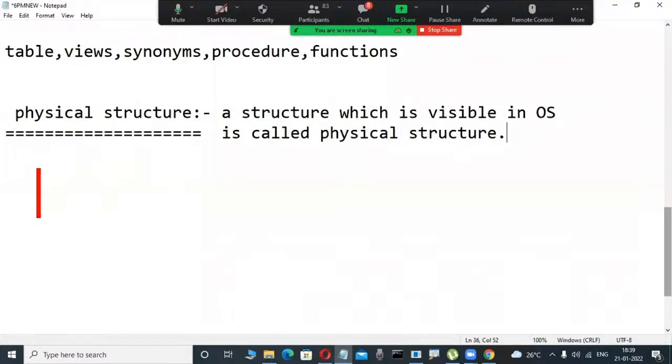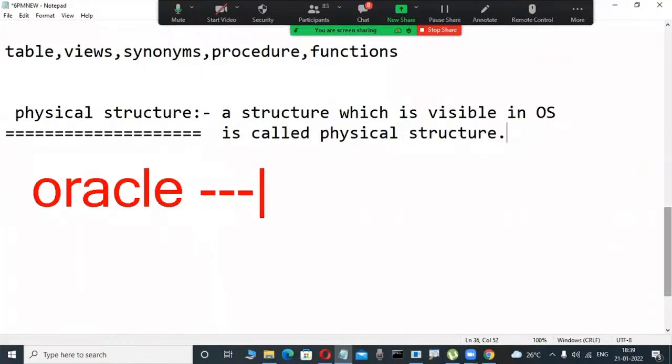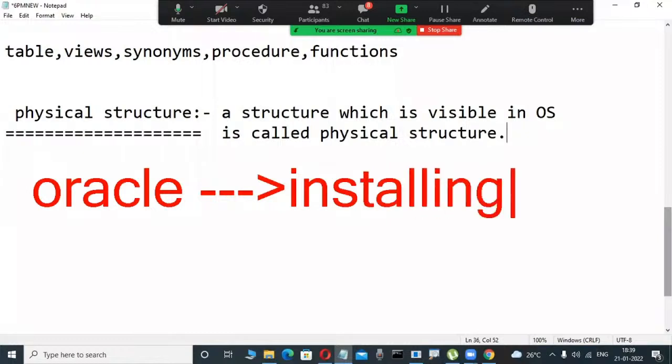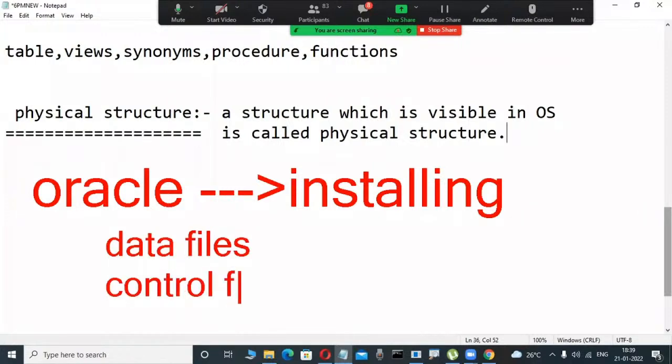Same like that, Oracle is a relational database software. MySQL, SQL Server, for example. Whenever I'm installing Oracle, automatically some physical files are created: data files, .dbf files, control files, and also redo log files.